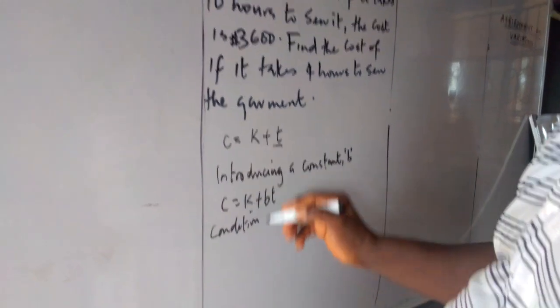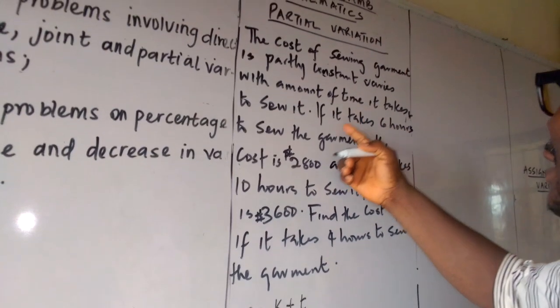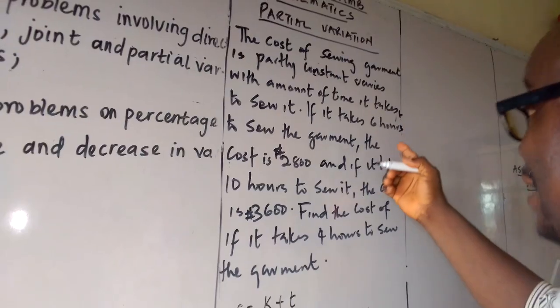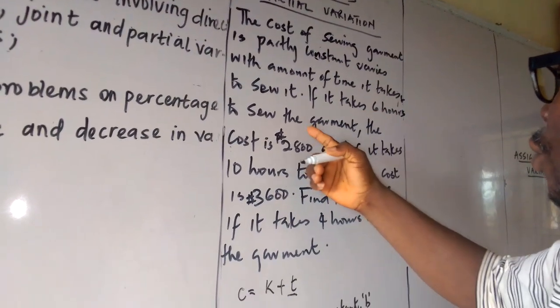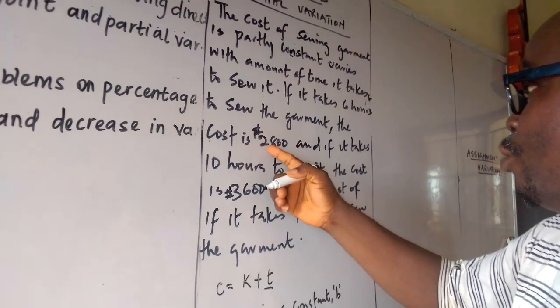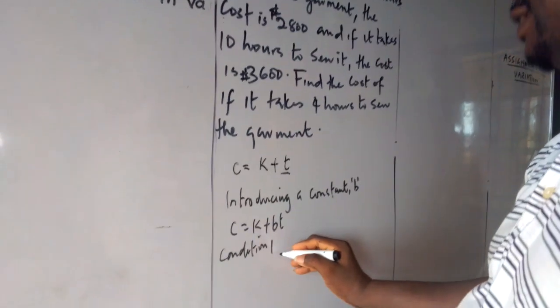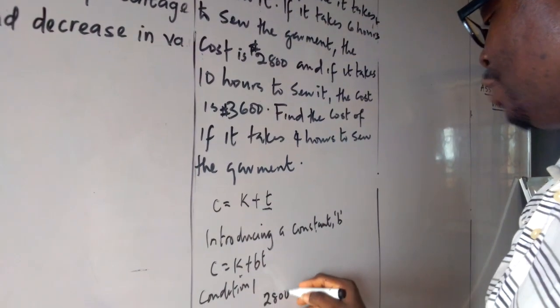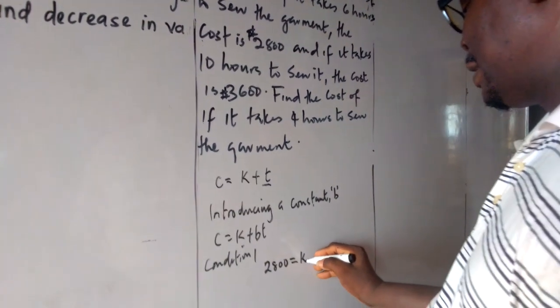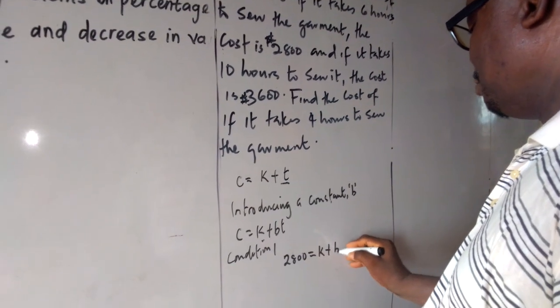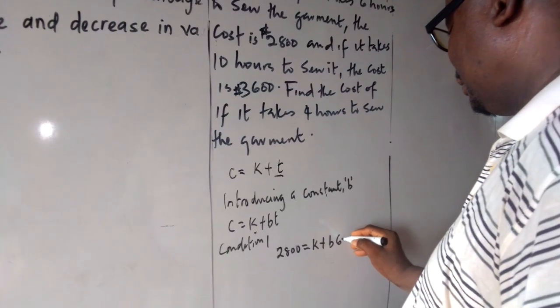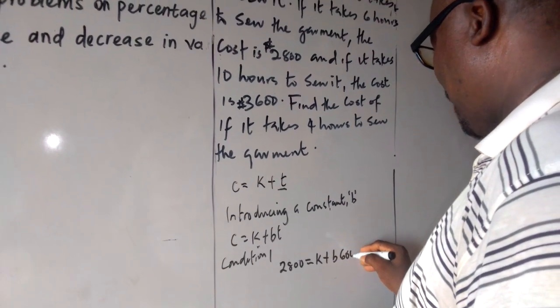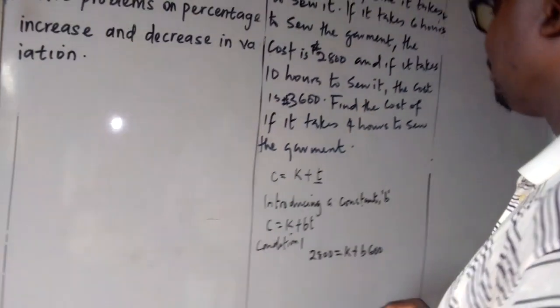Now, in condition 1, the question says if it takes 6 hours to sew the garment, the cost will be 2,800, which is equal to K plus 6B. Sorry, this is 6 hours, not 600.